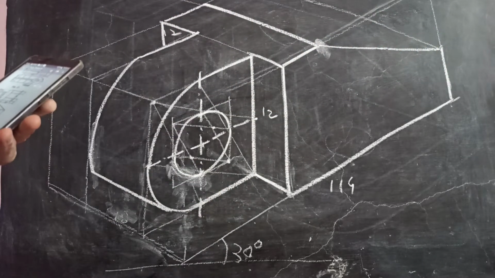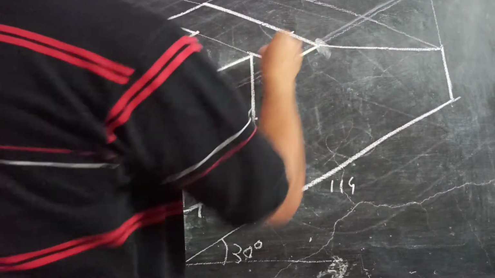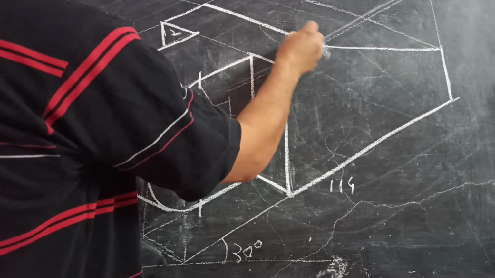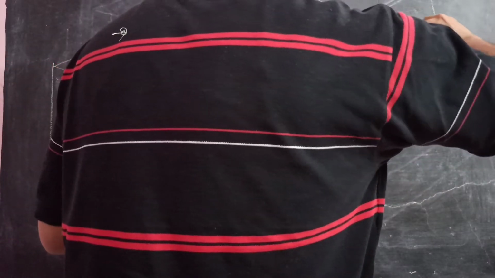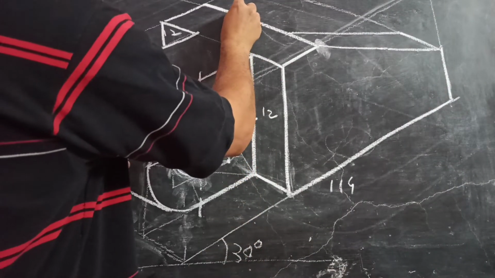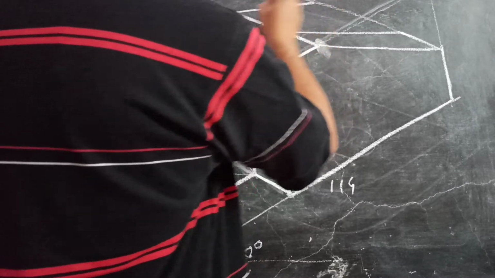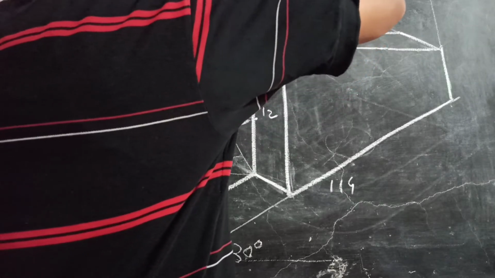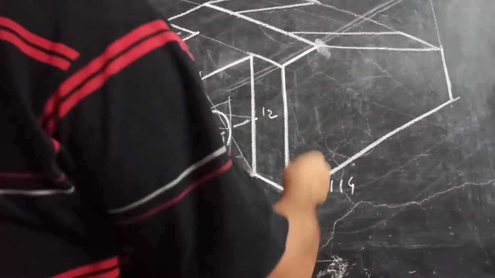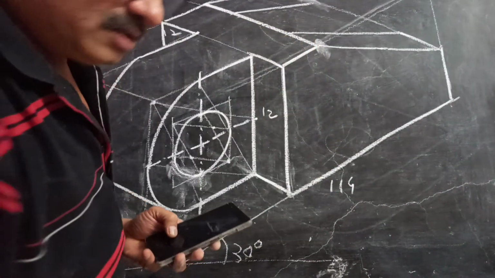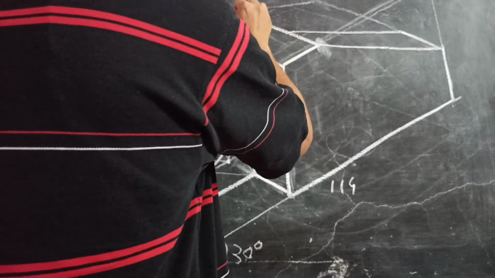Then these ribs are there, inclined ribs, which are having 12. So from here, 12, this corner, then draw a line parallel to this. Then from 12, here also, draw a line parallel to this and join this. All these 4 lines, 1, 2, 3, 4 should be parallel to each other.